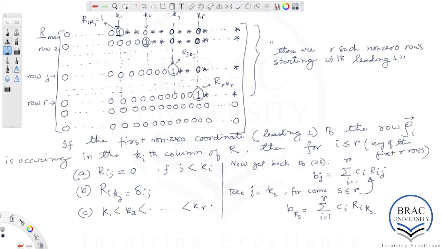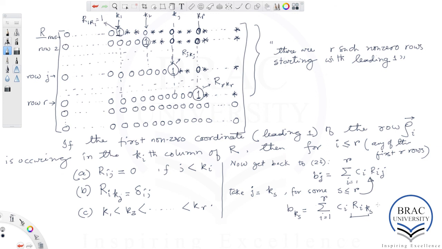Okay, so the only contribution for such Ri K sub s comes when i is equal to s, and that's 1. Elsewhere it's 0.